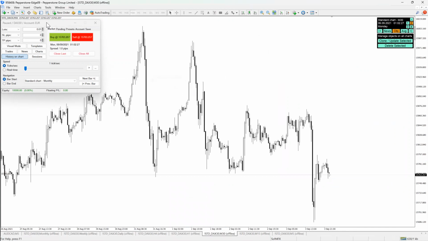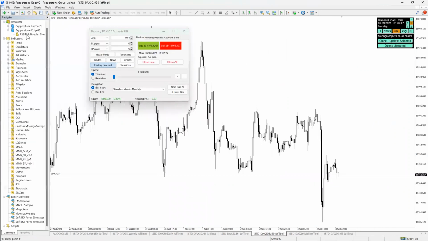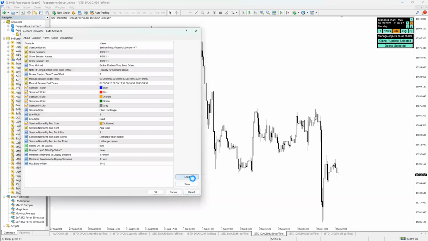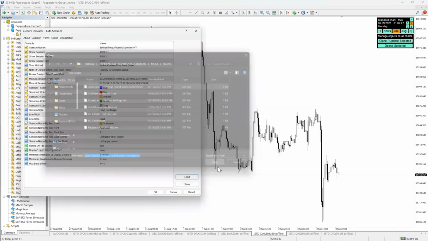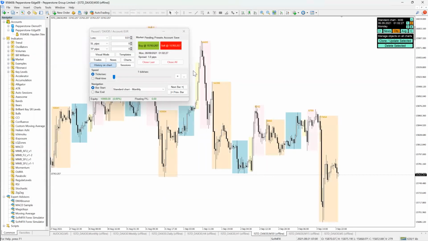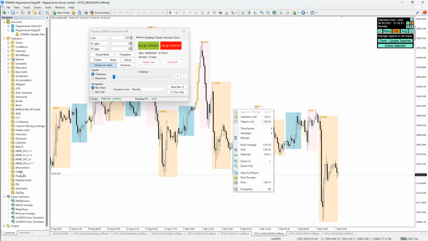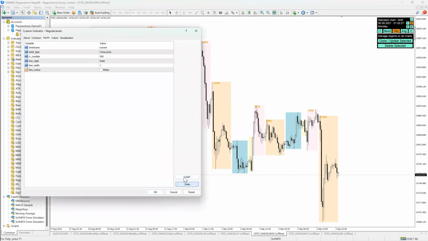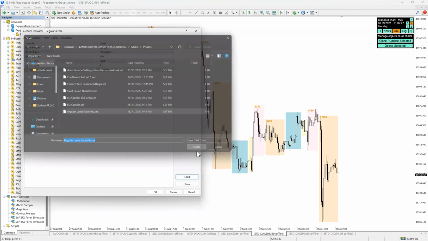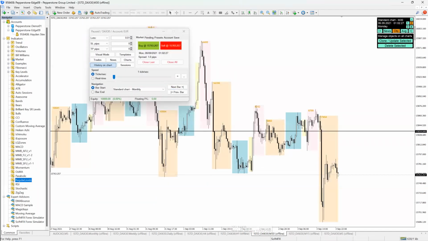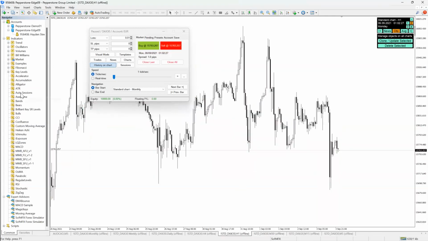One thing I'll do on here though as well is put some sessions on. These will be my monthly levels. I'll just do that for these.